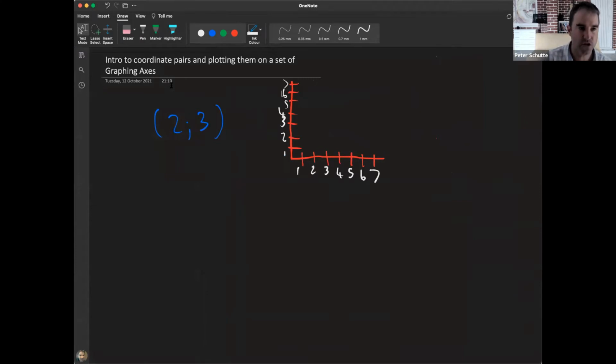So what the notation 2:3 means is that along the horizontal, which we call the x-axis, and this line over here, which we call the y-axis, to get to the point that this represents, we go 2 across and we go 3 up.